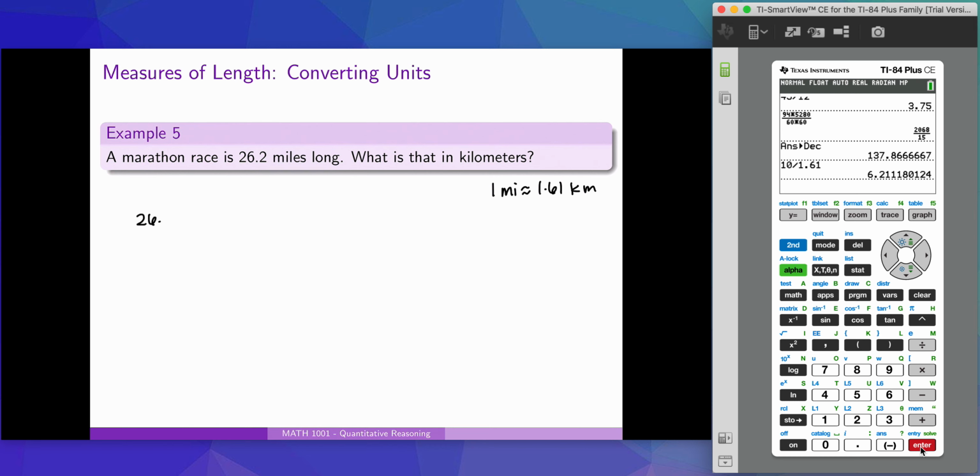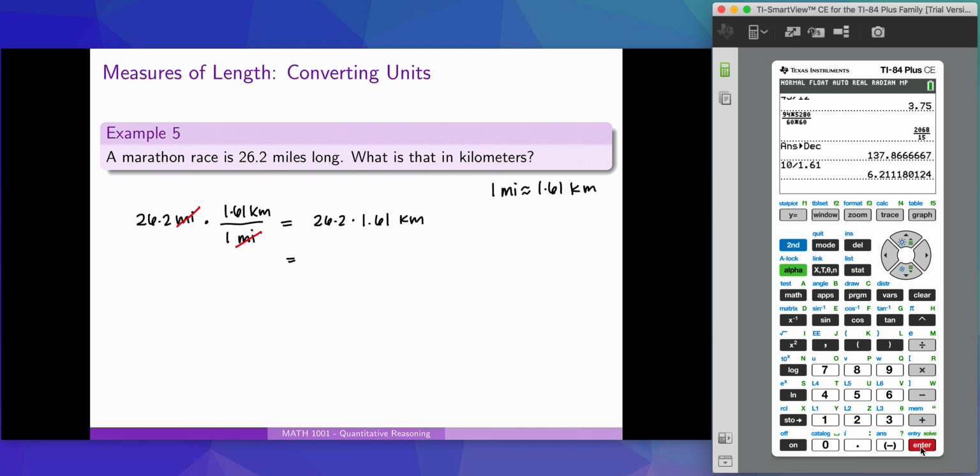So 26.2 miles, and now I want to get rid of the miles. So for this equivalence over here, I'm going to put the mile part on the bottom and the kilometer part on top. And what that does is makes my miles cancel just like I wanted them to. So this will be 26.2 times 1.61 kilometers.